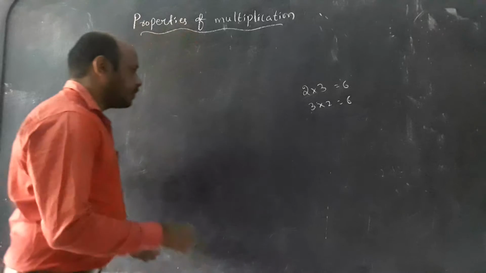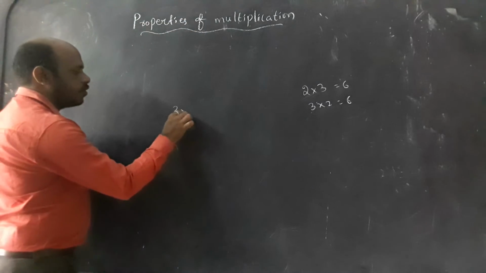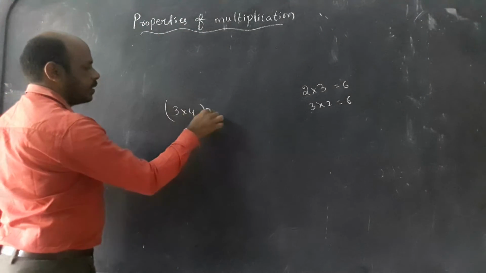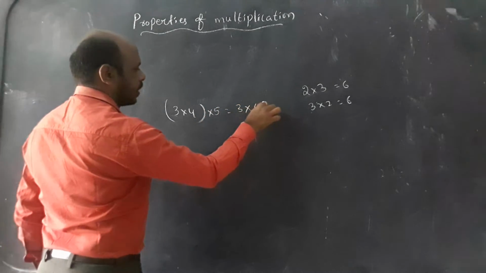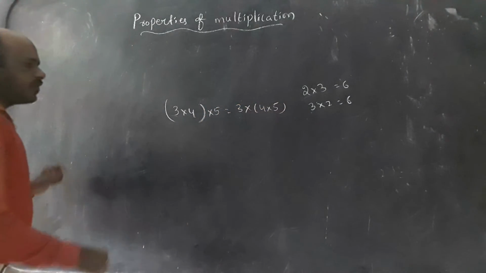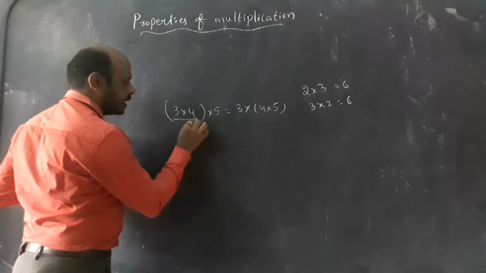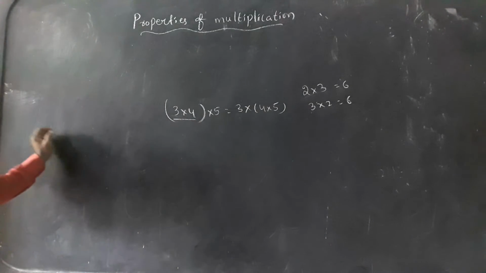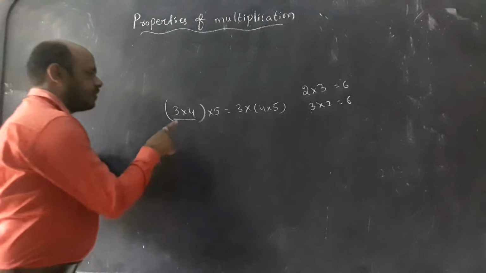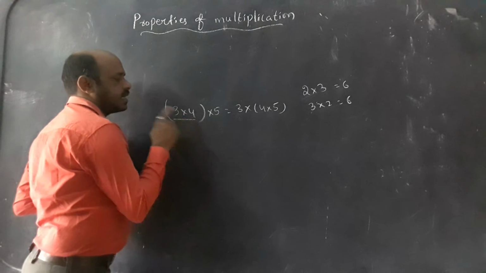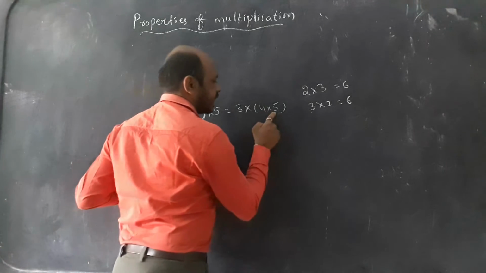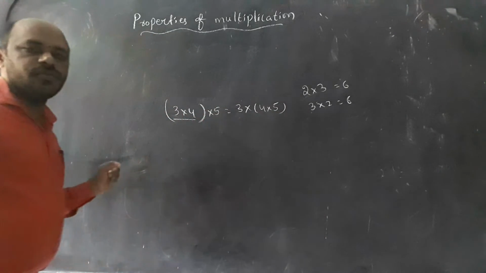See, 3 into 4 into 5, and 3 into 4 into 5. See children, in the first line I took the grouping numbers 3 and 4. Then in the second I took the grouping numbers 4 and 5.